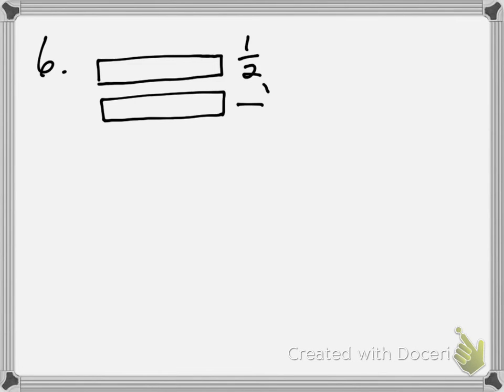So figure out what other fraction you could draw that would be equal to 1/2, or equivalent is the word we're looking for. Okay, and there's a lot of possibilities for this one. Okay, so that's your last bit of homework on that today.